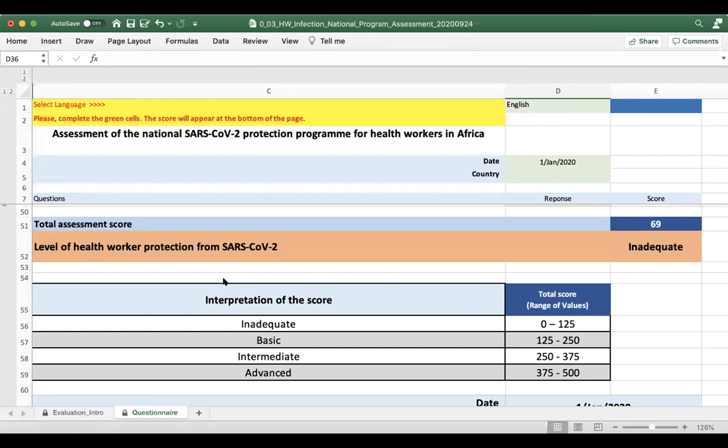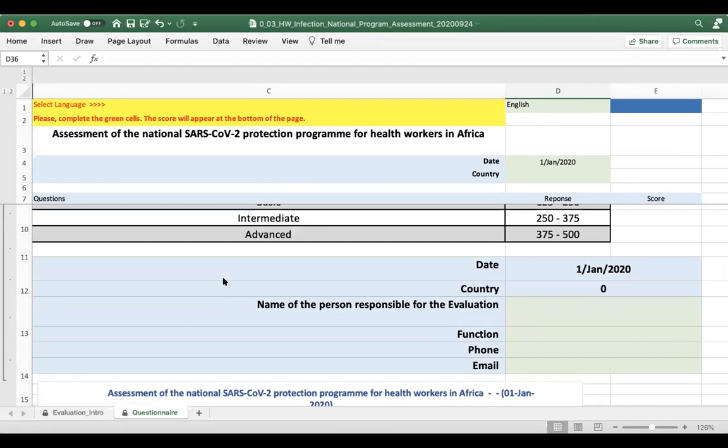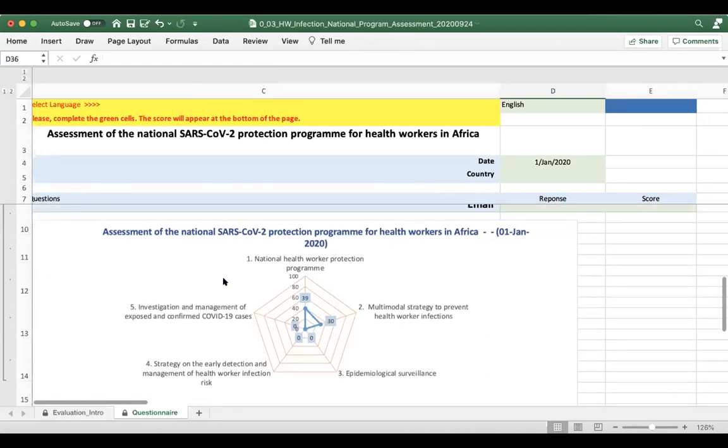If you can scroll down, Nancy, after you have gotten your score and you've interpreted your score, there's some brief demographic information about the referee or the individual completing this assessment to be captured in the box below. If you continue down, this particular tool provides you a quick visualization of the data and the responses that you captured. The first visualization captures the individual scores within each domain.